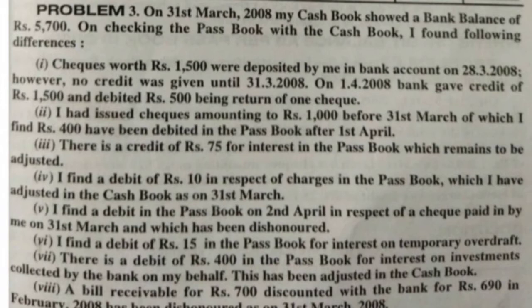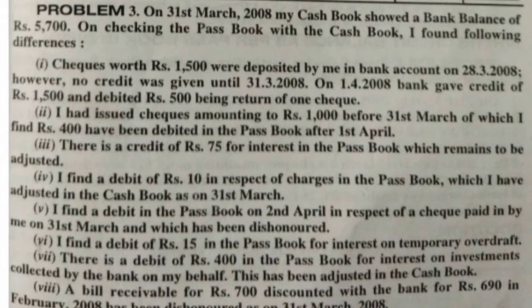We can conclude that however the rupees 500 debit return of one check is on 1st April 2008, we are preparing the BRS as on 31st March 2008. Therefore, it will not have any effect on the BRS as at 31st March. Okay, am I clear? Yes.